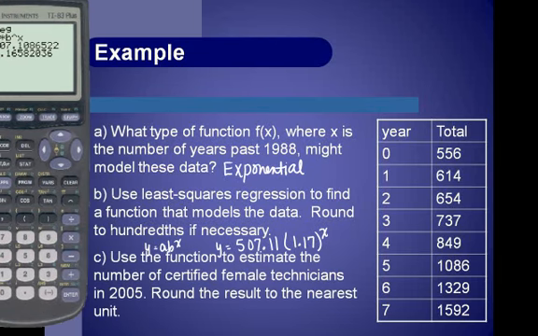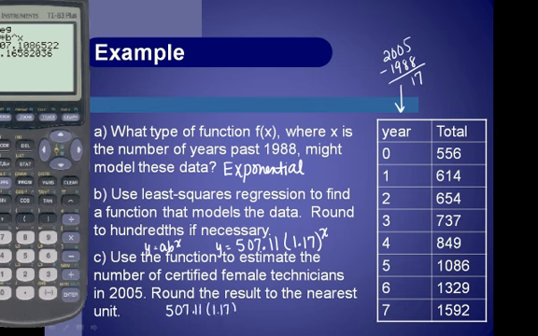And then the last question says, use the function to estimate the number of certified female technicians in the year 2005. Well, the 2005 is the year. Now, it's the year since 1988. So 2005 is how many years since 1988? That would be 17. So we're going to go into our function.